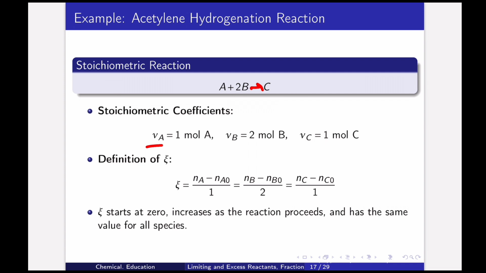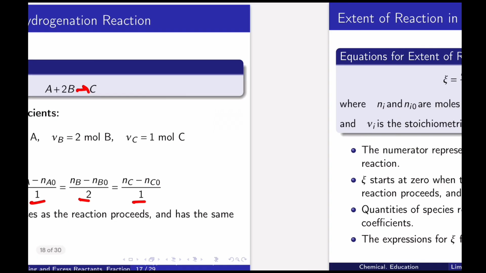So the definition of zeta: zeta is equal to Na minus Na0 by 1, Nb minus Nb0 by 2, Nc minus Nc0 by 1. These are the stoichiometric coefficients. Zeta starts at 0, increases as the reaction proceeds, and has the same value for all species.